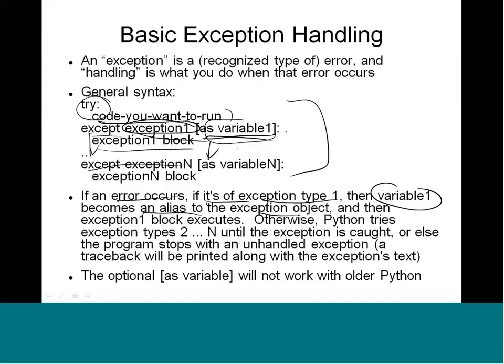Exception 1 block executes. Otherwise, Python tries the exception types 2 all the way up to n until the exception is caught, or else the program stops with an unhandled exception. The as variable is an optional one, and this will not work with older Python. So this is like 3 and above.